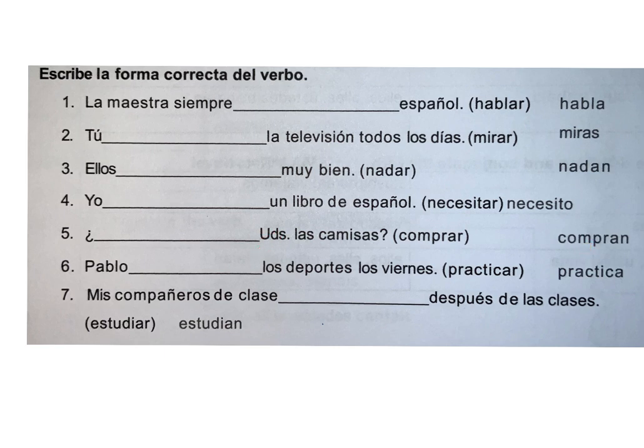All right. Compran ustedes. All right. Pablo, practicar. Practica. And what does that mean? To practice. Again, sounds very much like the word itself. And mis compañeros de clase, my classmates, estudian.